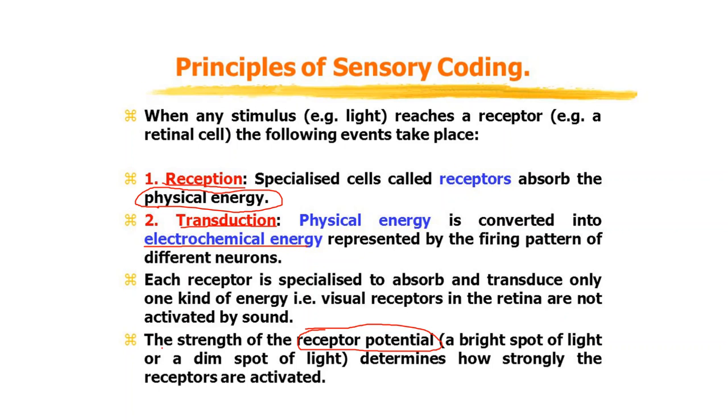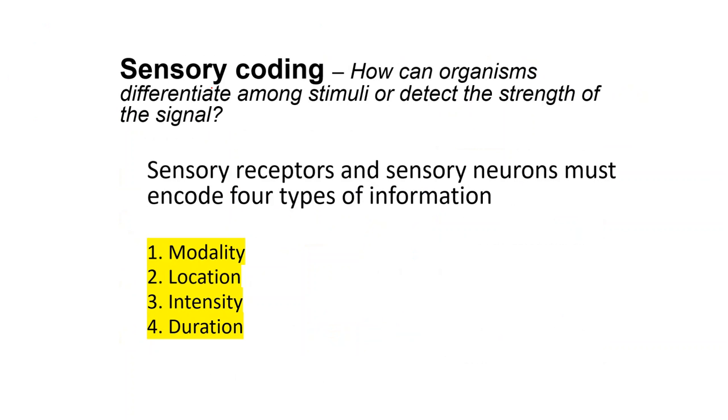Okay, so we're going to talk about receptor potentials as graded potentials here in a minute. So we're talking about sensory coding, which basically refers to how organisms can differentiate among stimuli or detect the strength of a signal. Okay, so that's the sensory coding.